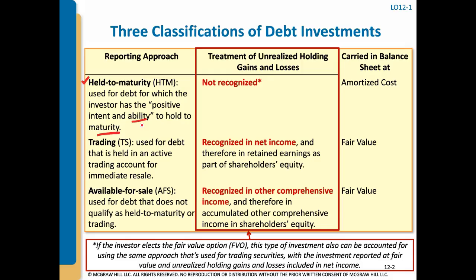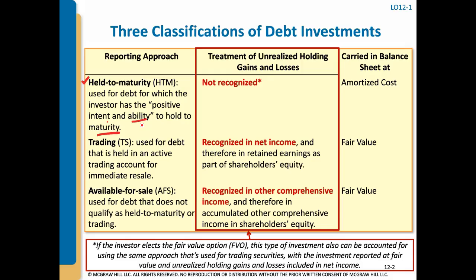In our previous example that we've been using in the videos, United purchased bonds that were for 3 years. So they would be considered held to maturity if United had the intent and ability to hold them till maturity. They would be classified as a held to maturity investment and accounted for that way.